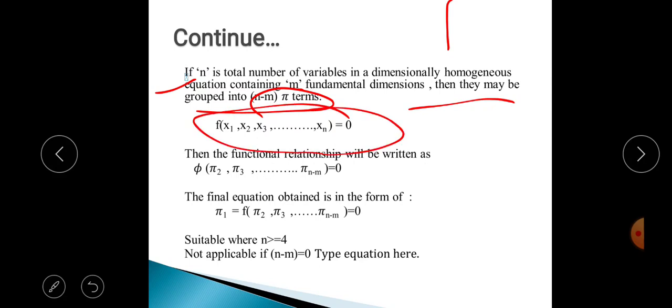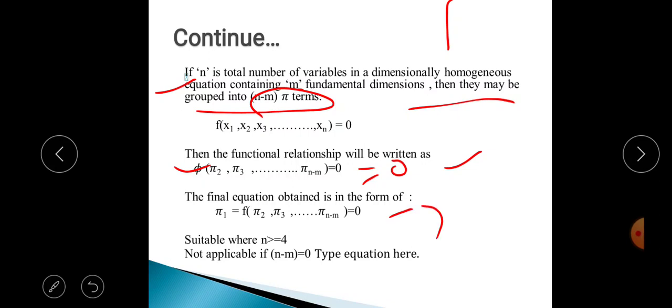And the functional relationship will be written as phi(pi 2, pi 3, and so on, pi n minus m) is equal to 0. The final equation which we obtain is always in the form of pi 1 is equal to a function of pi 2, pi 3, and so on, pi n minus m.